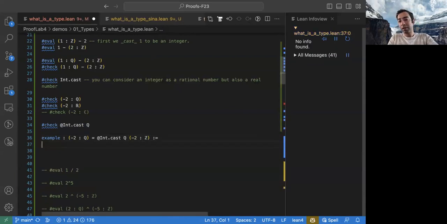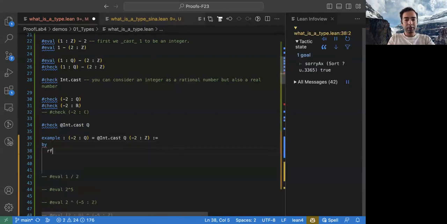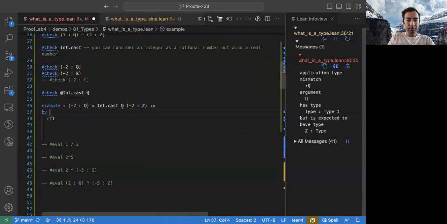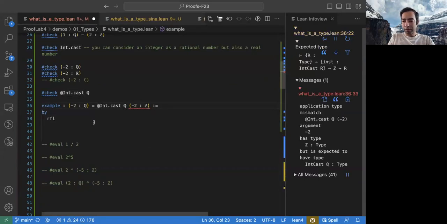We haven't started actually talking about proofs yet. So this is not in the scope of this week, but just for fun. Reflexivity should do this. Ooh, it doesn't. Okay, I wonder why. Anyway, I don't know what's going on here, but what is expected to have type int cast?